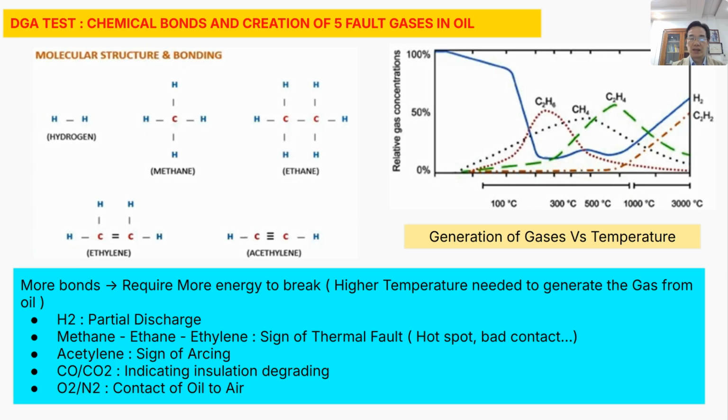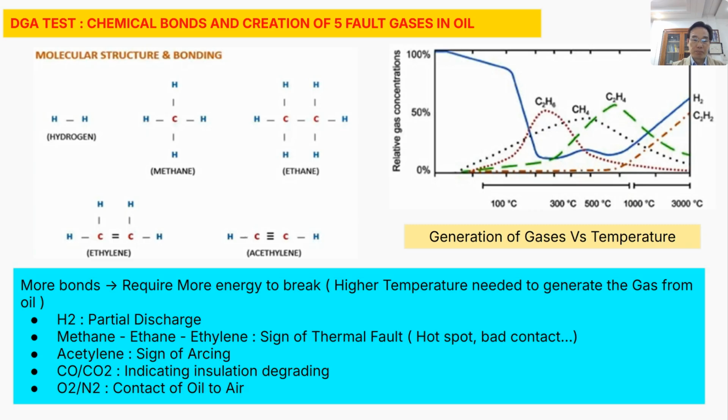Another issue is on high voltage and big transformers. We have a rubber bladder inside the conservator. In case the bladder breaks after many years in operation, the oil can contact the air, increasing the oxygen and nitrogen in oil.